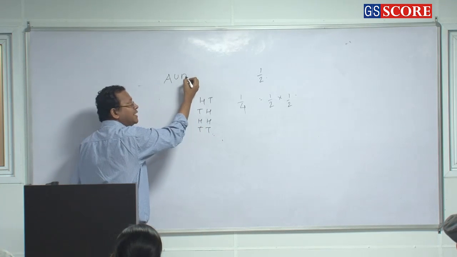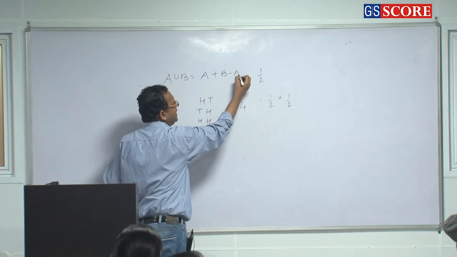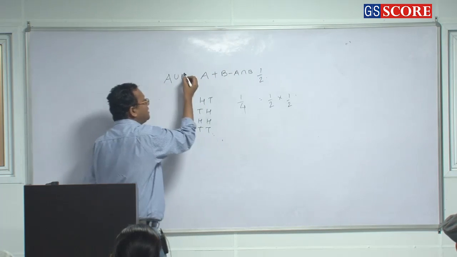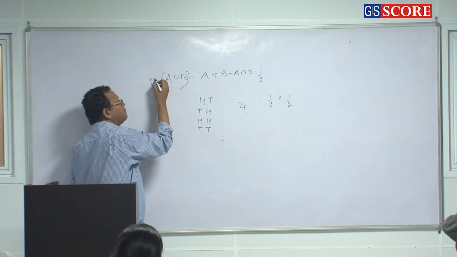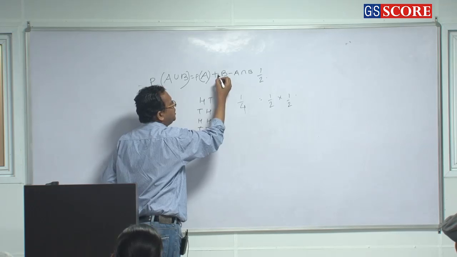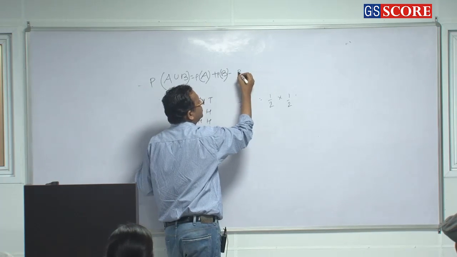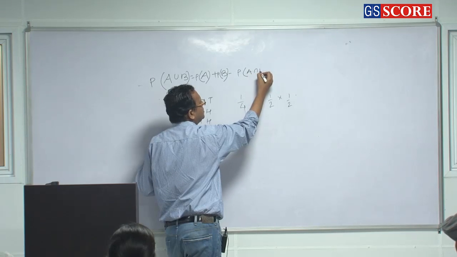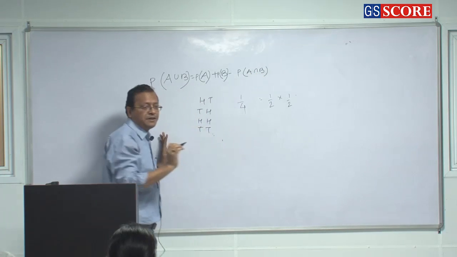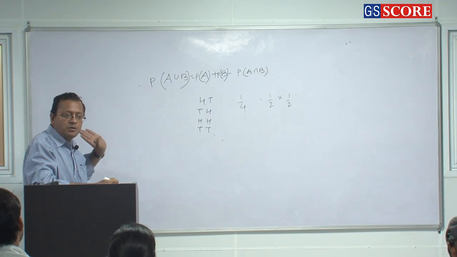For either case, A union B is equal to A plus B minus A intersection B. The same case applies to probability. Probability of happening of either of them is equal to probability of happening of one plus probability of happening of the other minus probability of happening of both. Nothing different. If I understood set theory, you can easily understand probability.